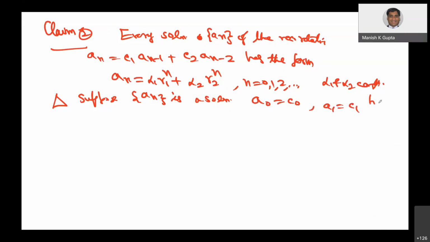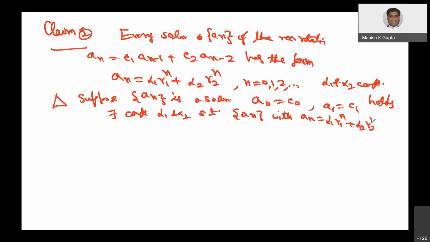Suppose this holds, then there exist constants alpha 1 and alpha 2 such that the sequence an with an equal to alpha 1 times r1 raised to power n plus alpha 2 times r2 raised to power n satisfies the initial conditions.